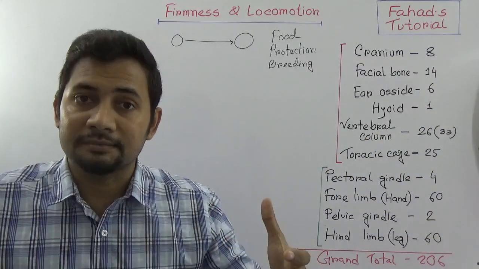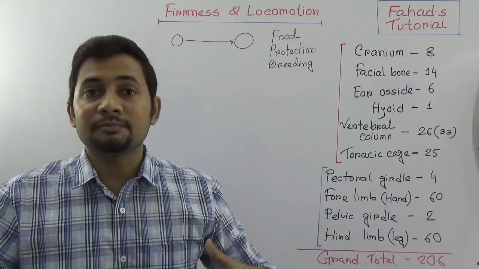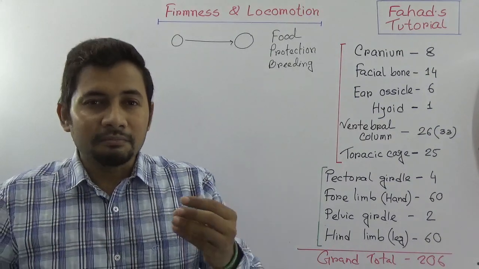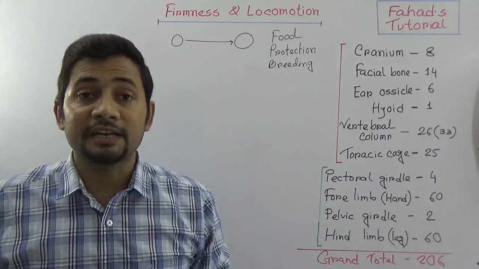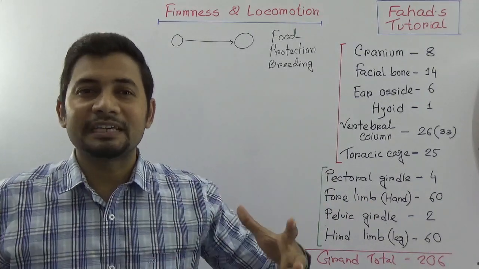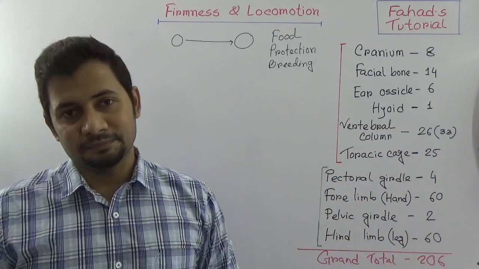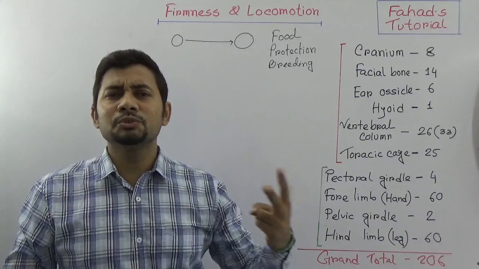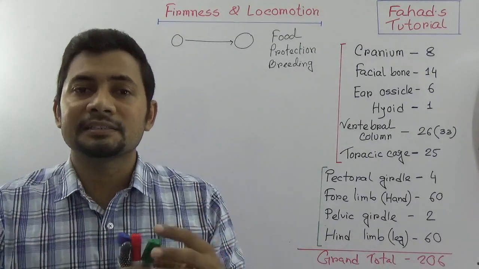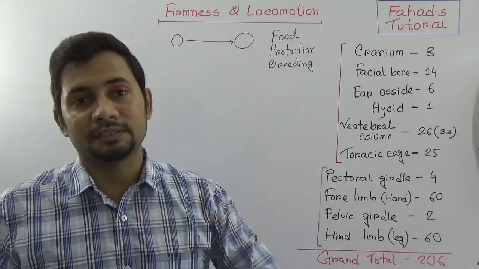And the system which is allowing this, the system which is made up of mesoderm-origin special type of connective tissue like bones and cartilage, is called the skeletal system. This system is actually composed of two systems intermingled, that is the skeletal system and the muscular system.